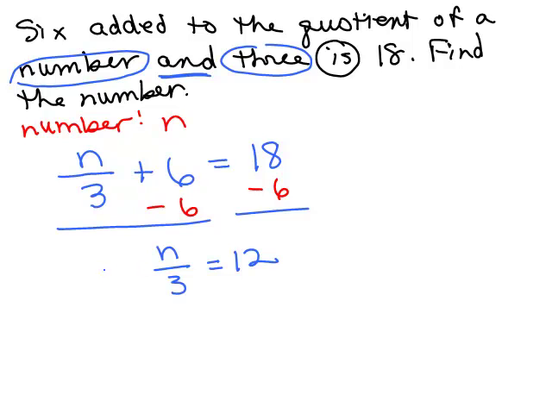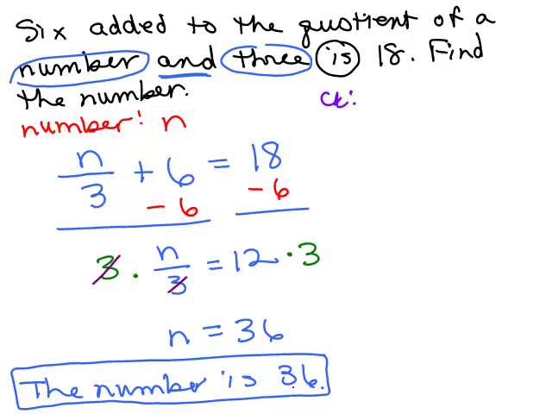Another way of doing this is thinking of multiplying by the least common denominator, which is 3. In any case, you end up multiplying both sides by 3. So the 3's cancel on the left so that I get n, and then 12 times 3 is 36. So it looks like our number is 36.